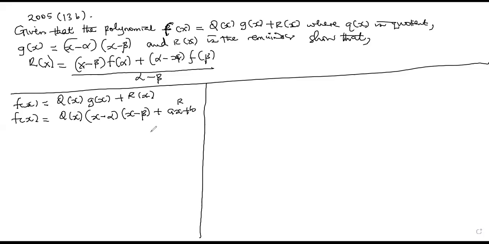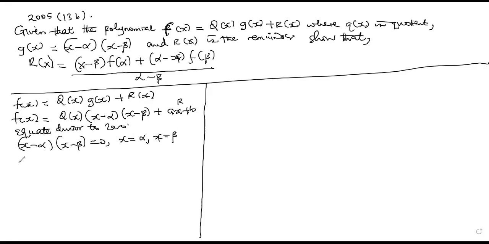Now, another thing you should know: we shall equate the divisor to 0. It means that (x minus alpha)(x minus beta) is equal to 0, implying that either x is equal to alpha or x is equal to beta. Now we look for f of alpha, then f of beta.